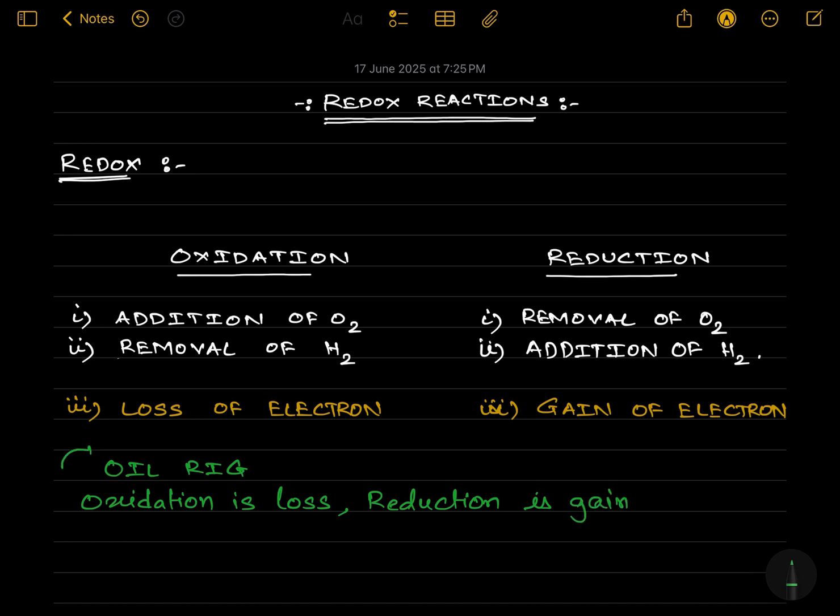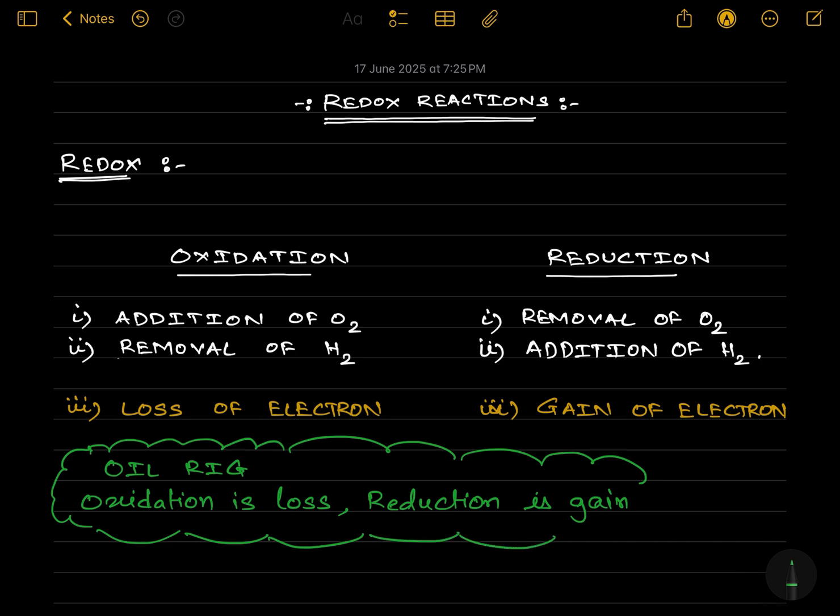You need to remember this; it would be very important for this chapter. So before we begin with what exactly a redox reaction is, once again: oxidation is the loss of electrons. Reduction is the gain of electrons.